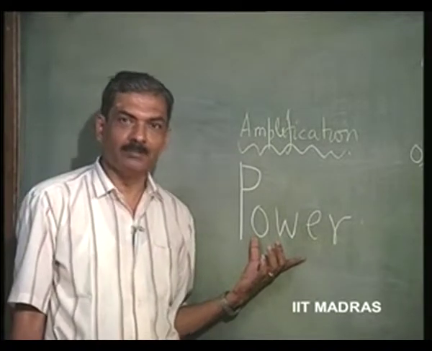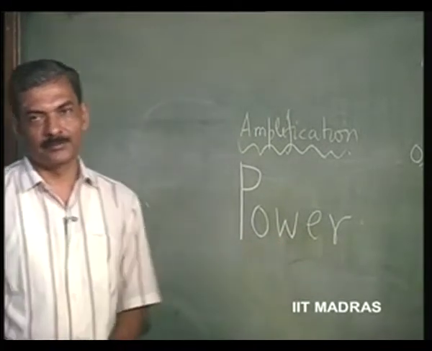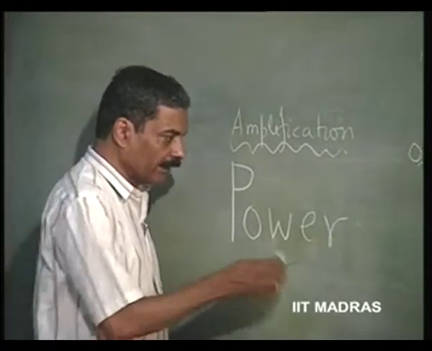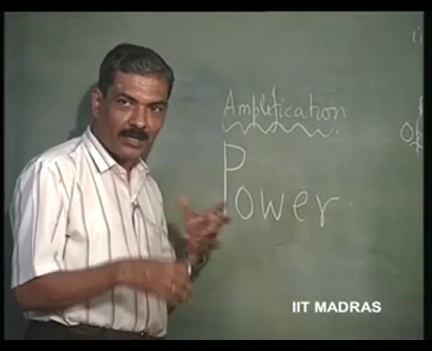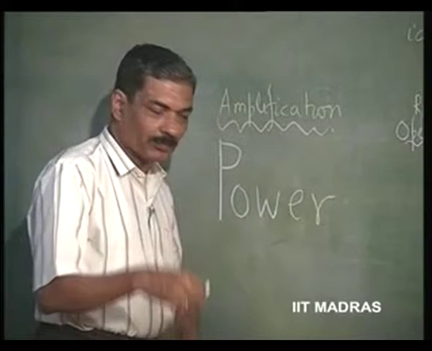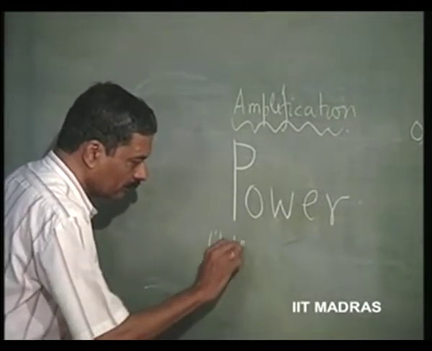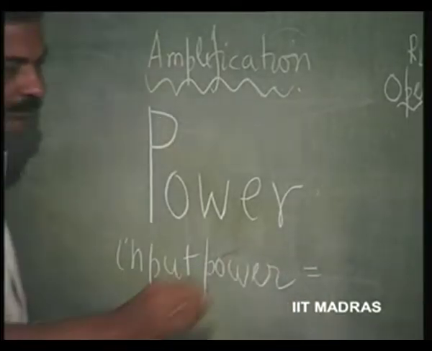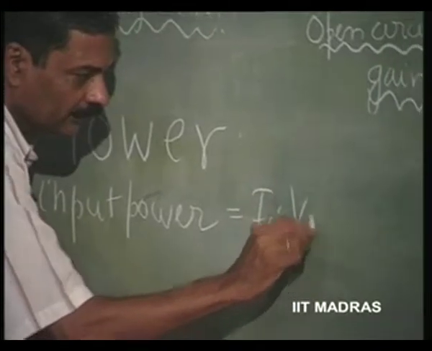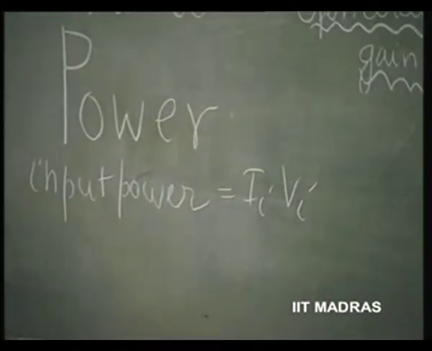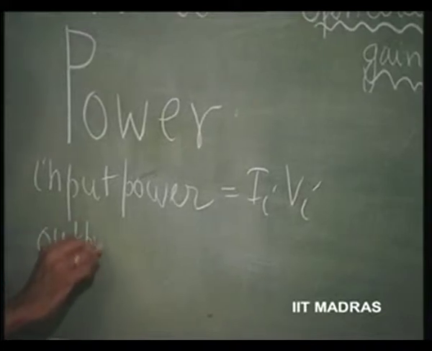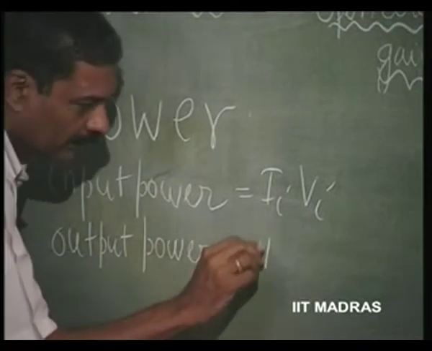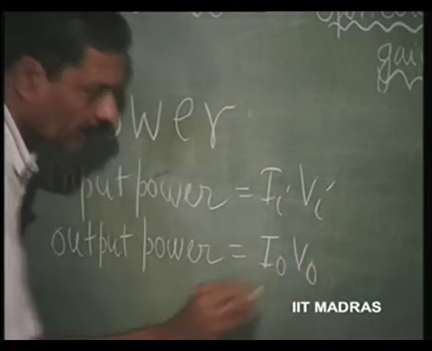Amplification always means power amplification. What is power? There are two ports here now, therefore we have power fed at the input and power at the output. Input power is I I into Vi. Output power is I naught into V naught.